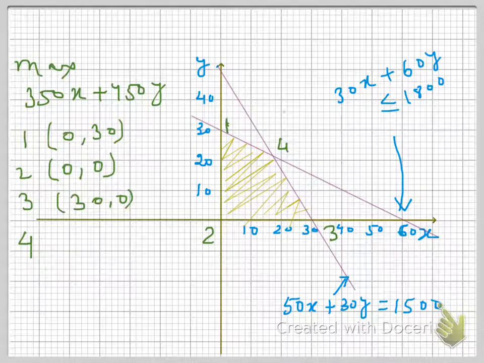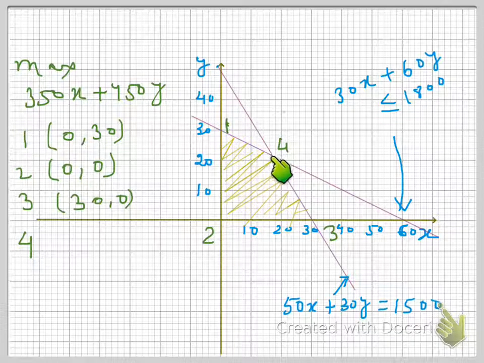Since we have drawn the graph here, and you can do it by observation also, this is the point of intersection of the two constraint lines, and if we drop a perpendicular from this point to the x-axis, we notice that x is somewhat higher than 17 and y is somewhat higher than 21.